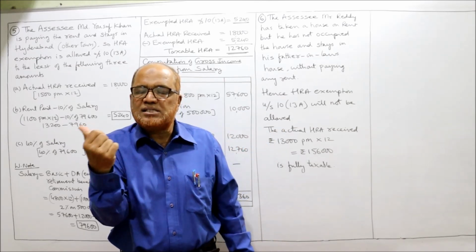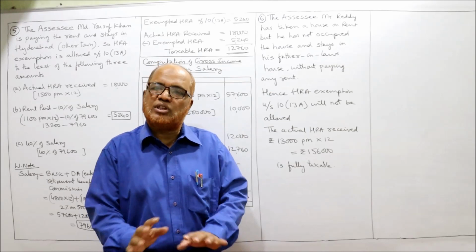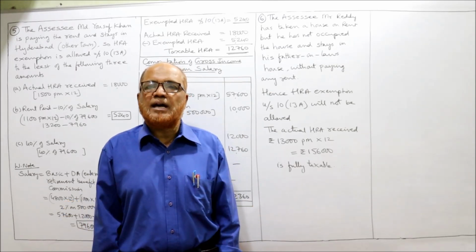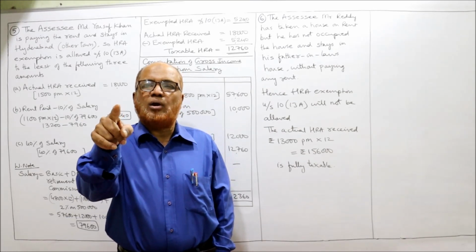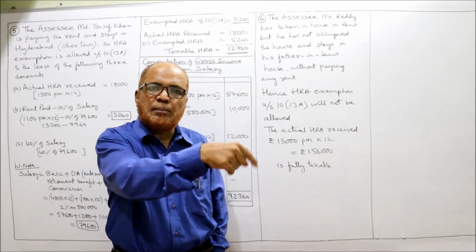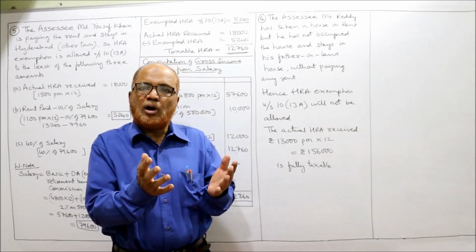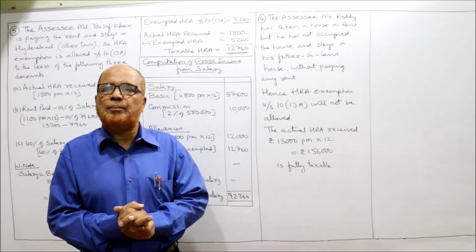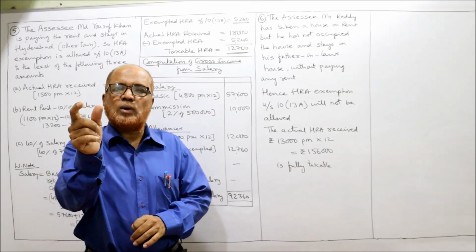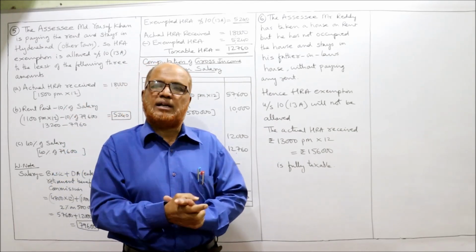He is still staying in his father-in-law's house without paying any rent. Income Tax Act says no exemption will be allowed. Exemption will be allowed if you occupy the house and pay the rent. You have not yet occupied the house, no HRA exemption will be allowed. Actual HRA received is fully taxable.